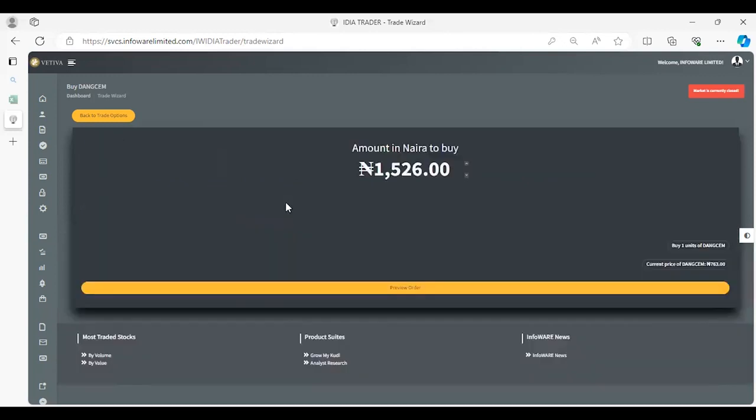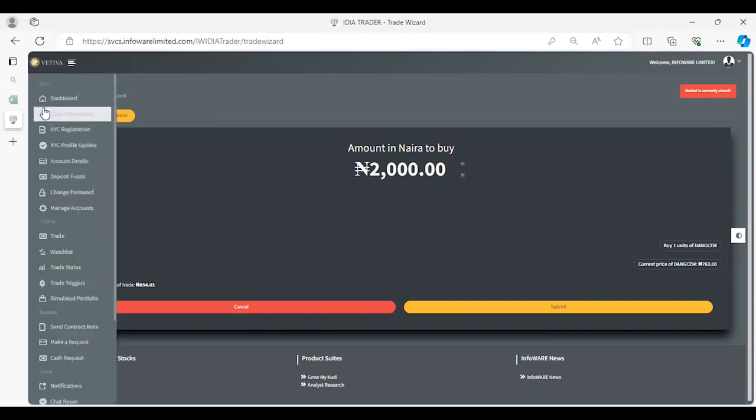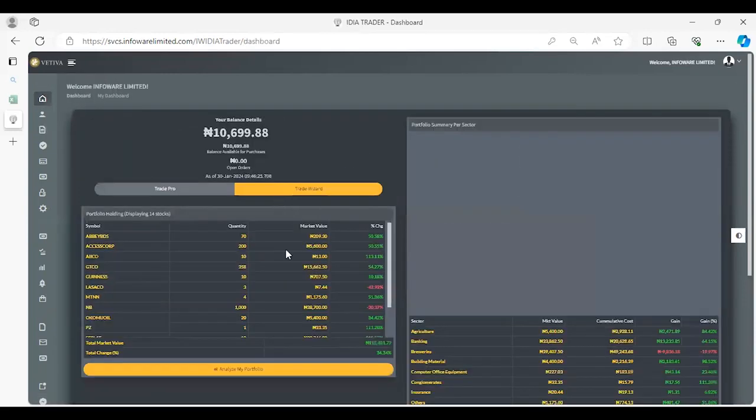Then I can continue and put the amount I want to buy in Naira, whether I'm interested in buying 2,000 Naira worth of stocks. Then I click on preview order, it calculates the stock for me, and I submit my order. It's as simple as that, and then you're done, and you can monitor your order status, and cancel or amend your order as the case may be.